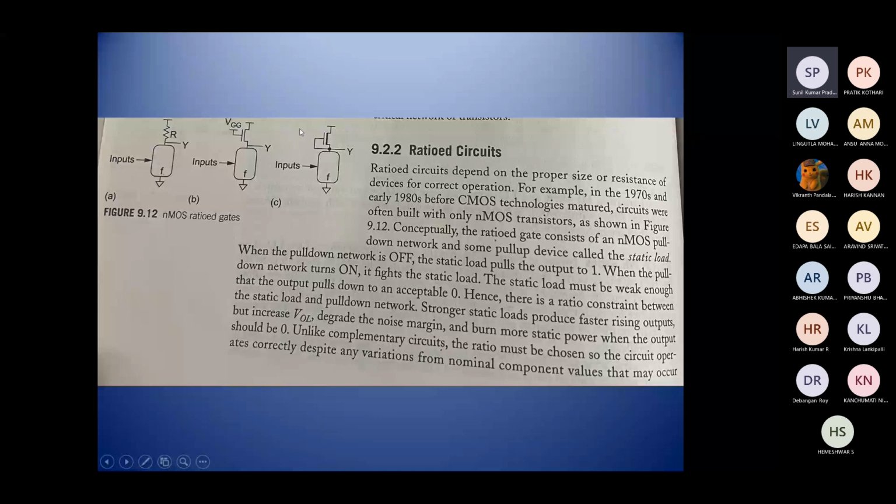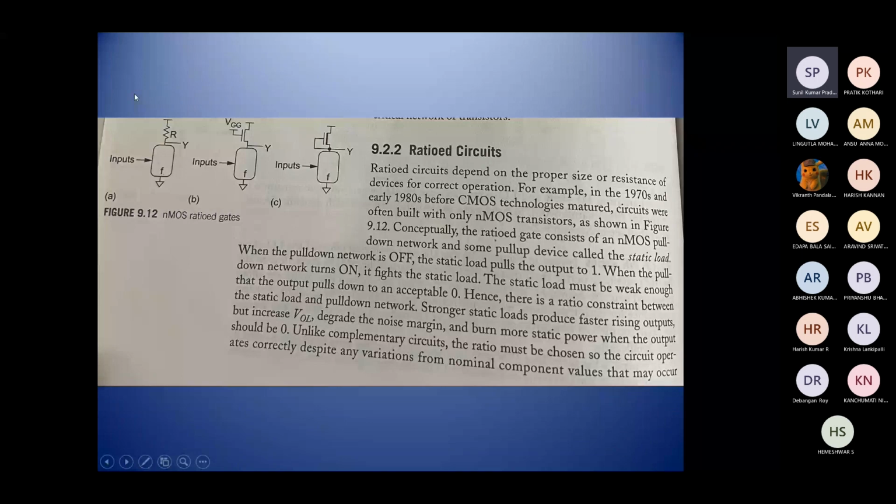As you know, our PMOS network is considered the pull up network, and our NMOS network is the pull down network. Conceptually, this ratioed gate consists of an NMOS pull down network and some pull up devices called the static load.